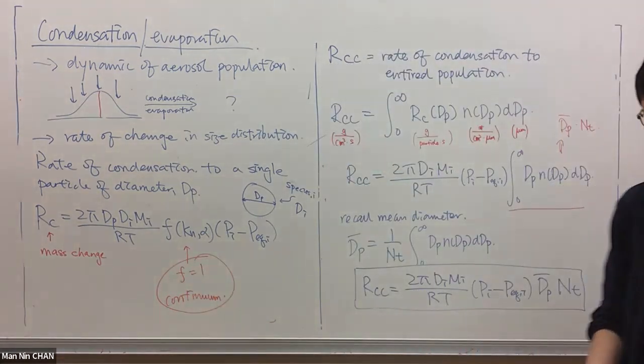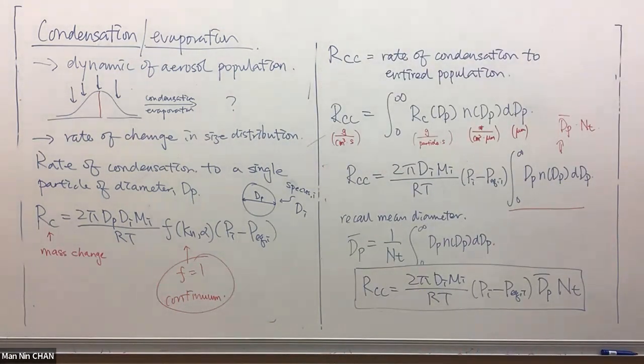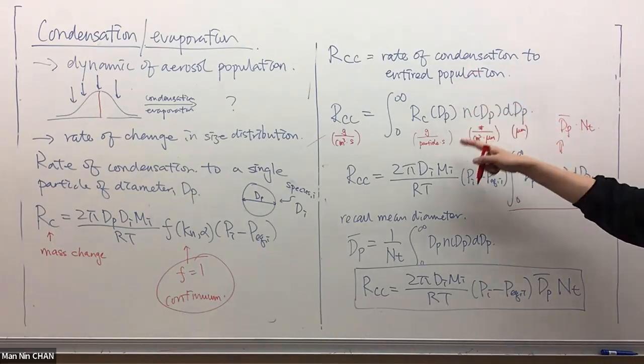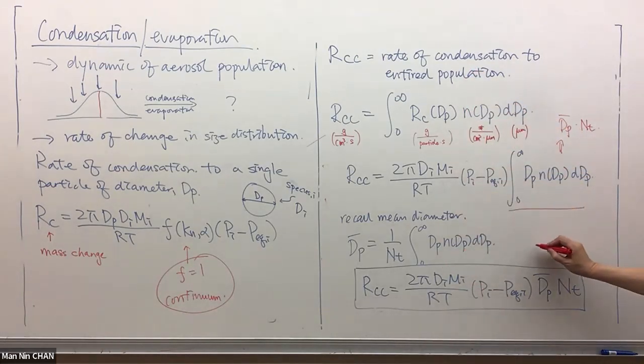So we are talking about a continuum regime. This equation can give you some idea about the rate of condensation to an entire population, but of course we apply this in what we call the continuum regime.